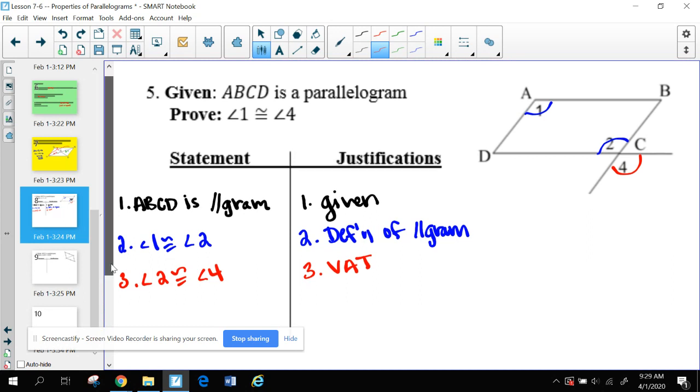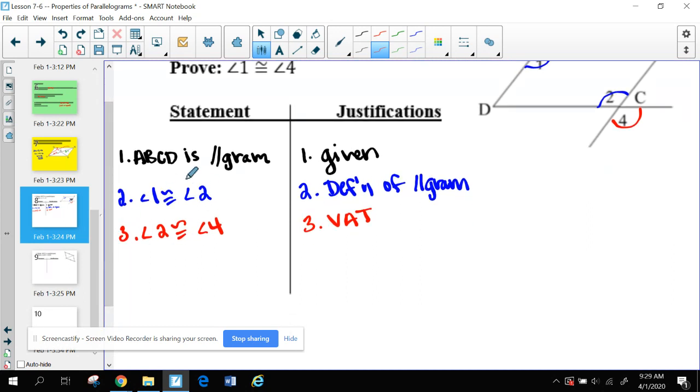And then we also go back to some of our earlier proofs. If I have 3 things that are congruent, remember in order to take out that repeating piece, we can use the transitive property. So now I can say angle 1 is congruent to angle 4 by the transitive property.